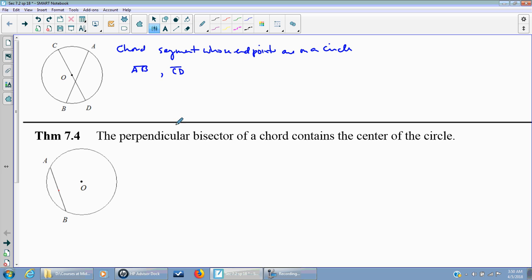So let's suppose, and I'm going to write this out not as a two-column proof, but as a prose proof here in paragraph form. So let's start with what we're going to suppose.